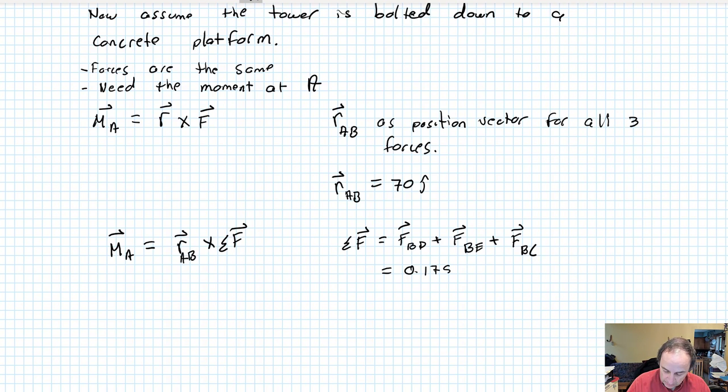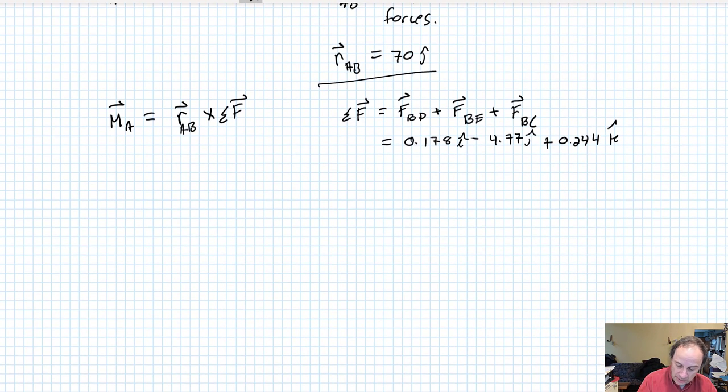the summation vector is 0.178i minus 4.77j plus 0.244k. All right, so we have our position vector, we have our force vector. Now we can calculate the moment.